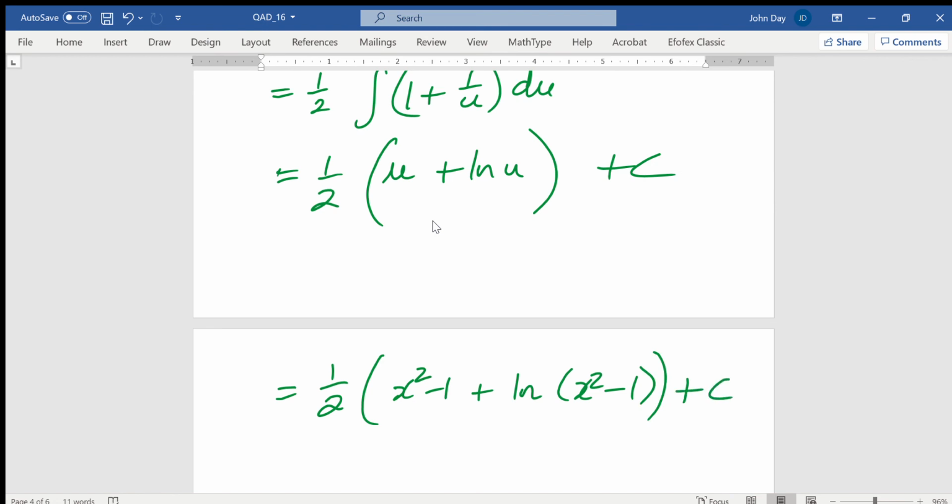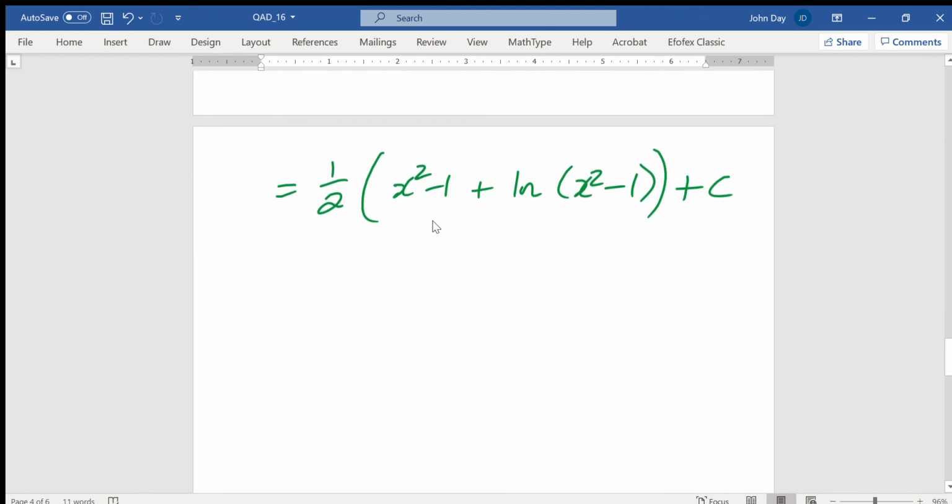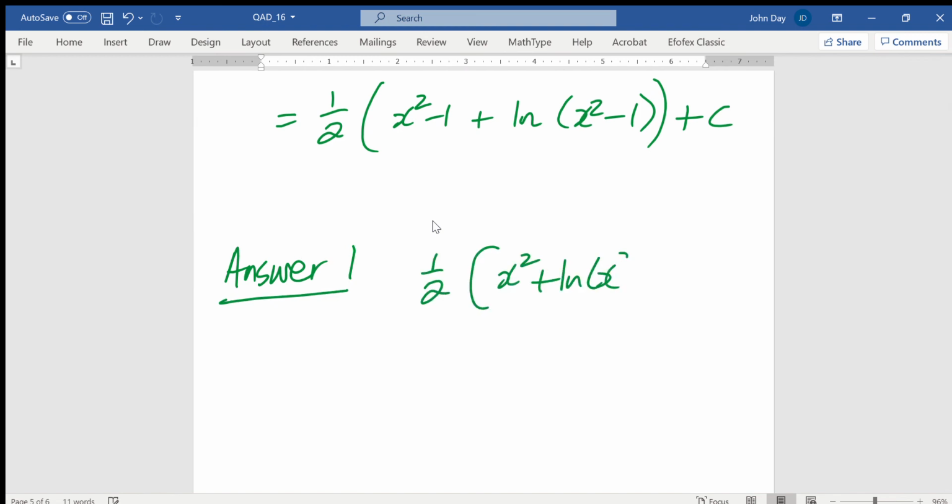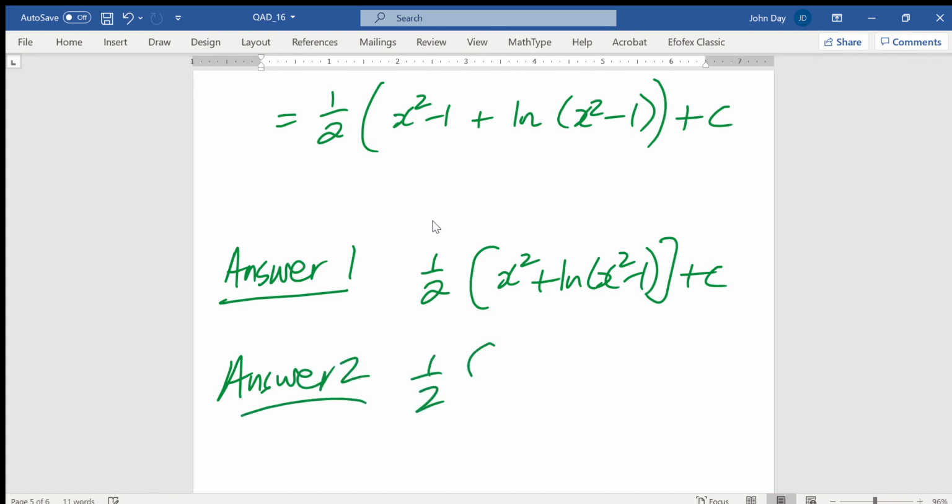So what's the difference between our two answers? Answer 1 was a half x squared plus natural log of x squared minus 1, plus c, and answer 2 was a half of (x squared minus 1) plus natural log of x squared minus 1, plus c.